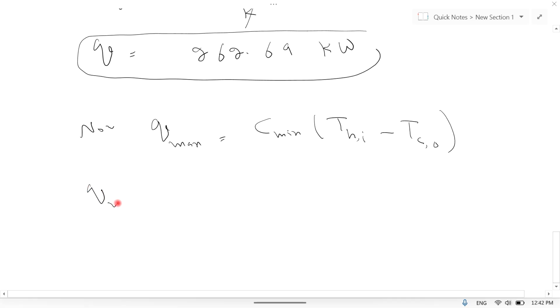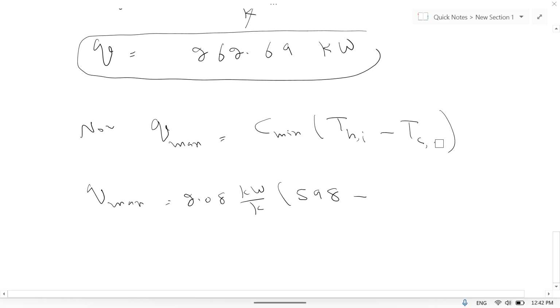So Q maximum is equal to C minimum, the value of which is 2.08 kilowatt per Kelvin. The value of THI, the inlet hot temperature, is 598 Kelvin minus TCI, not TCO.